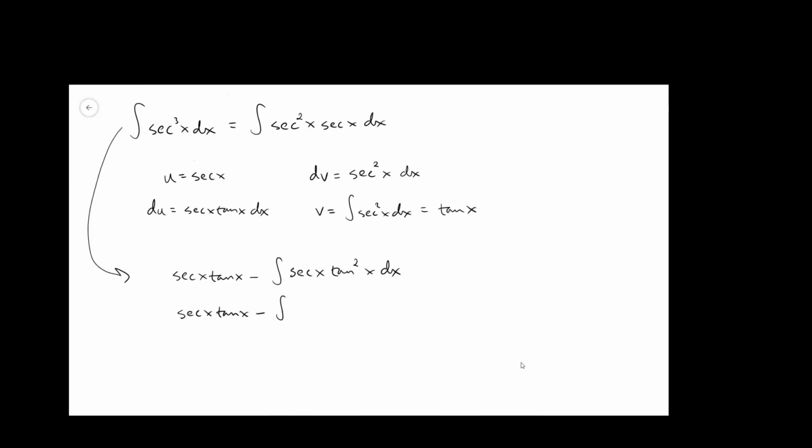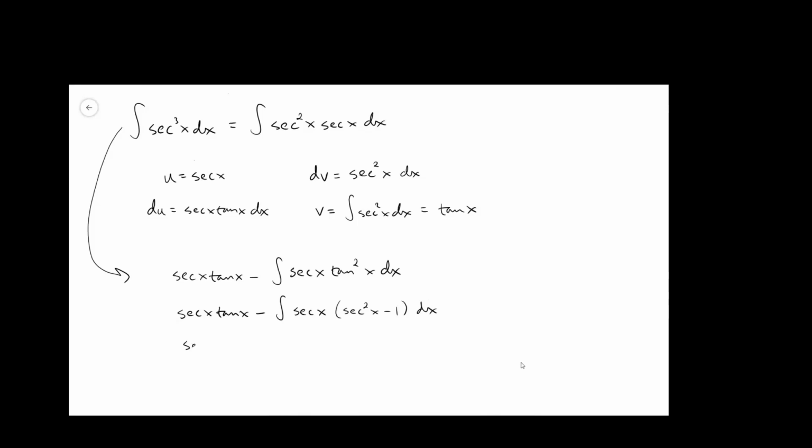You've got to change that tangent squared back into secants using an identity. Right? And so what was the identity for that? 1 plus tangent squared is equal to secant squared. So tangent squared is equal to secant squared minus 1. So secant squared minus 1. Okay, then we've got to distribute that secant in there.